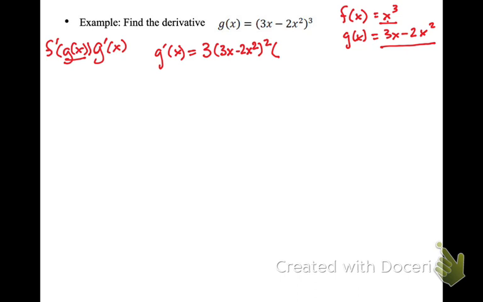So what's the derivative of 3x minus 2x squared? 3 minus 4x. I would write it like this, because I don't like putting that squared right there. But other than that, are we done? Yep.